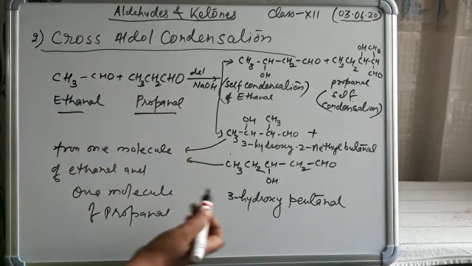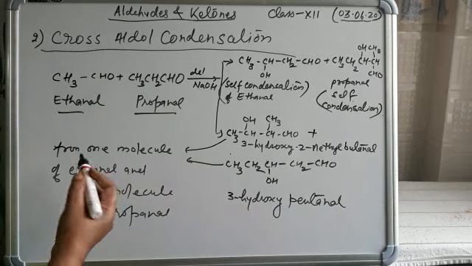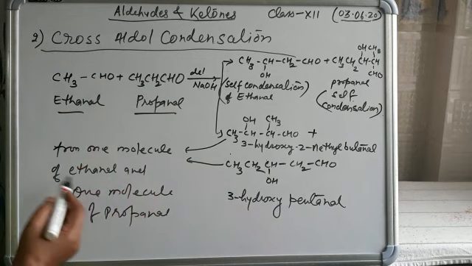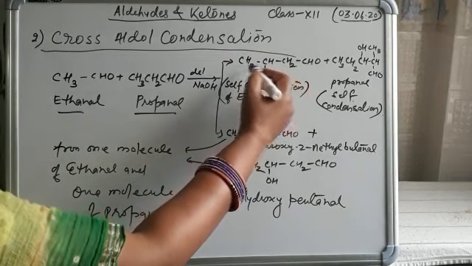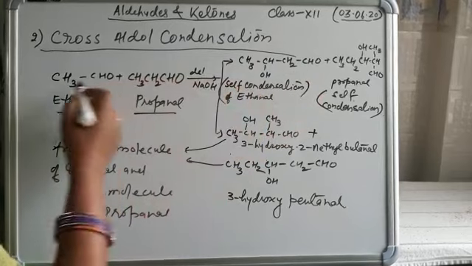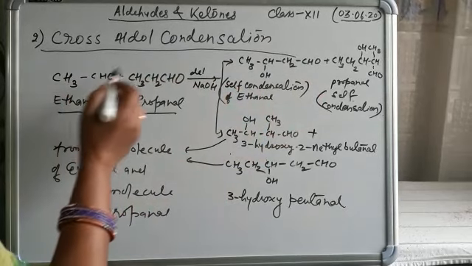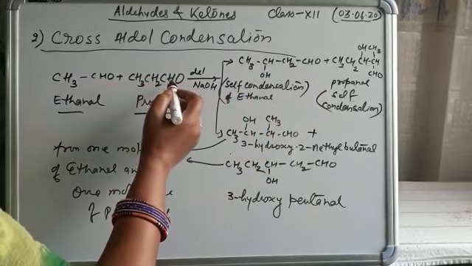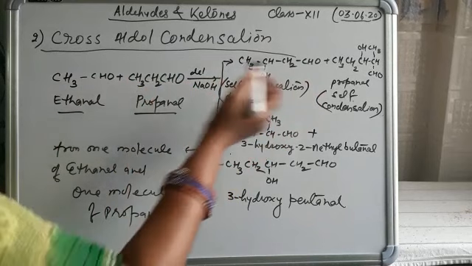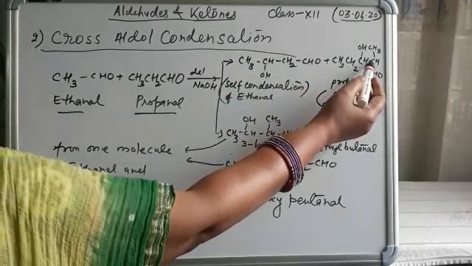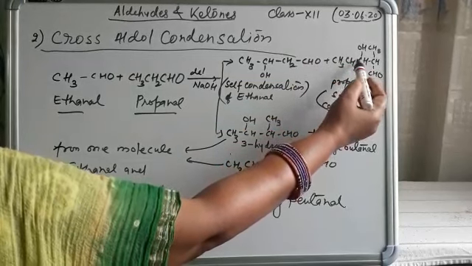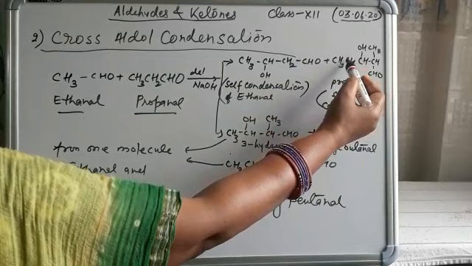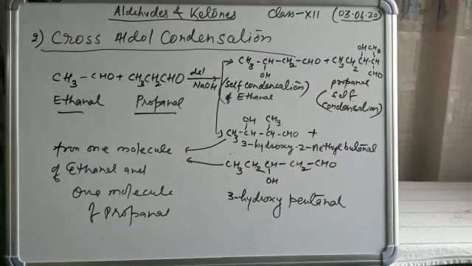And 3-hydroxy pentanal is also formed when one molecule of ethanal and one molecule of propanal react to each other. And this compound, 3-hydroxy butanal, forms when self-condensation of ethanal takes place, and when propanal undergoes self-condensation, formation of 3-hydroxy 2-methyl pentanal takes place.